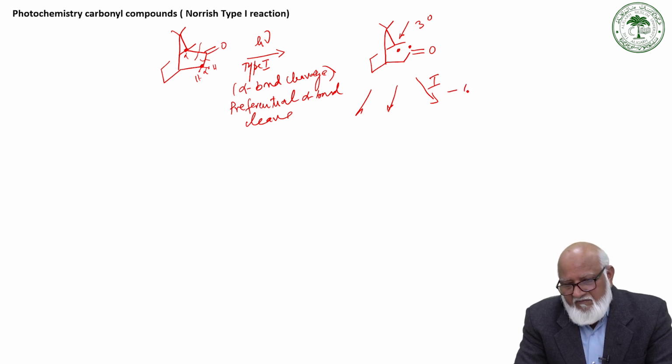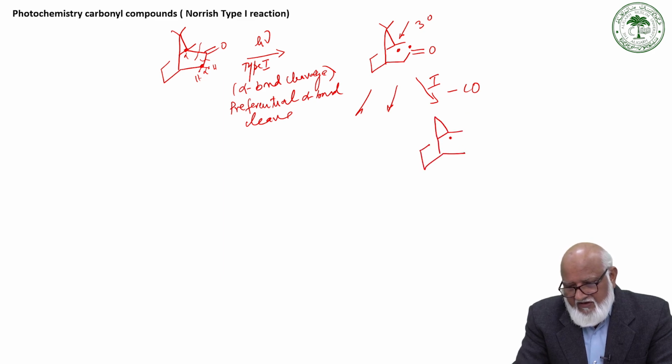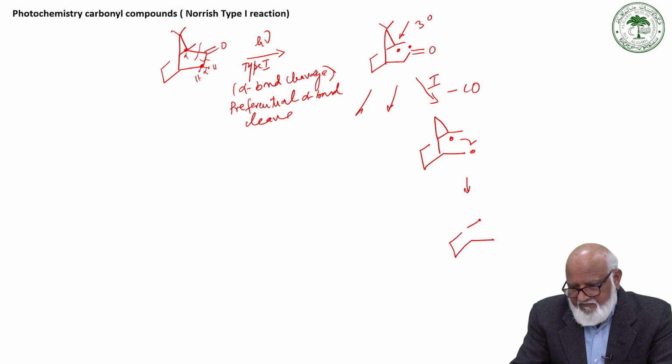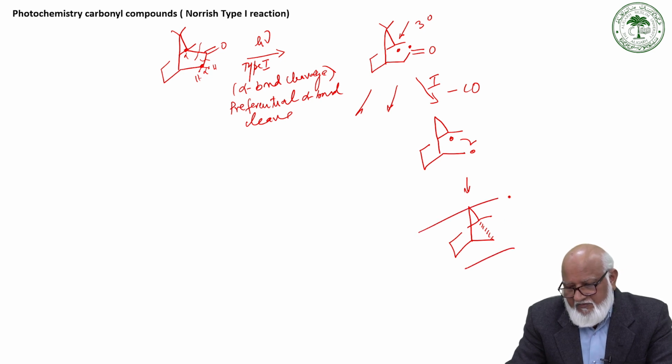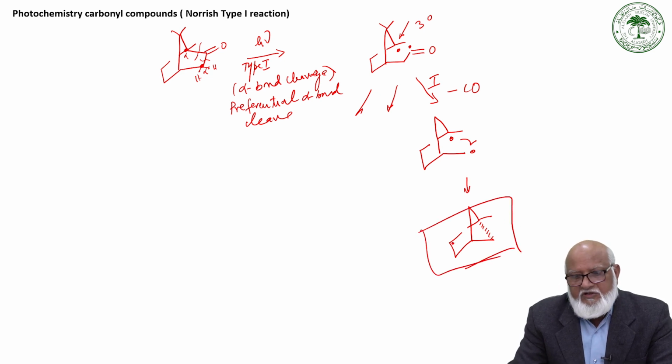This will undergo loss of CO to give a radical like this, and then this will combine to give a carbocyclic system. This is one of the products which is possible in this particular case.